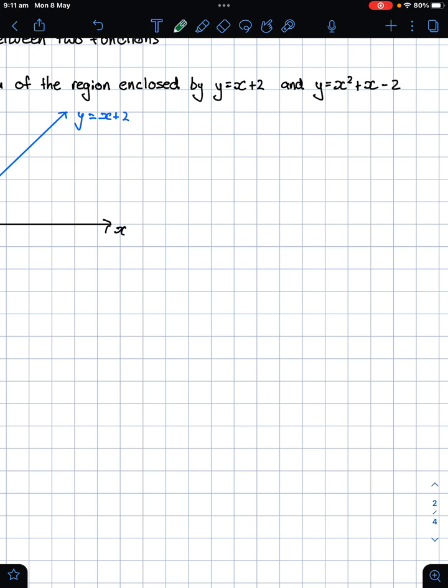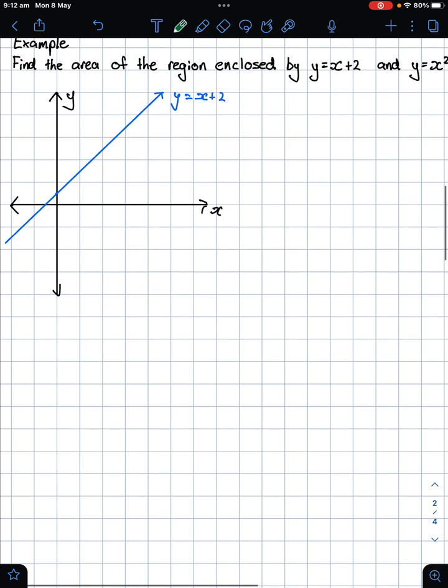I draw the graph, I can see the shape, and this is in your textbook. I end up nicely with an intersection point here, and then my other intersection point is at 2 and 4. So this coordinate here is 2 and 4. This coordinate here is negative 2 and 0. And then the function goes up like that, and we see this parabola like this.